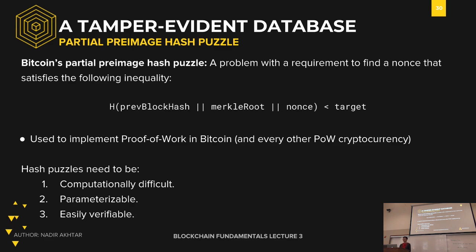We want to find a nonce such that when we hash everything together in our block header, it's less than some target that we're looking for. The idea is that we don't know what this nonce is, but we repeatedly guess and try to find a nonce that works, that falls under this inequality.